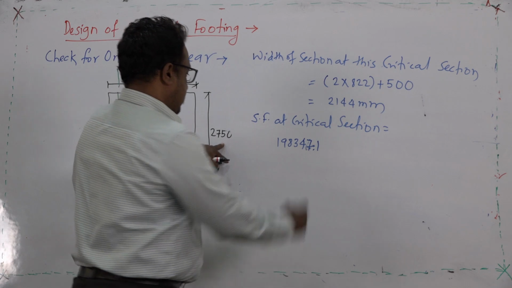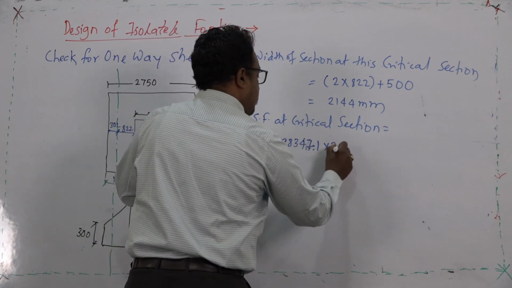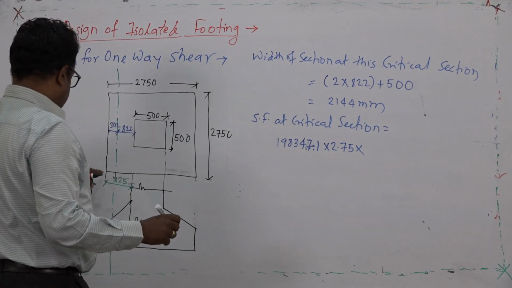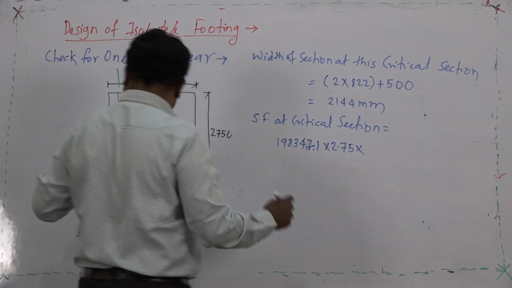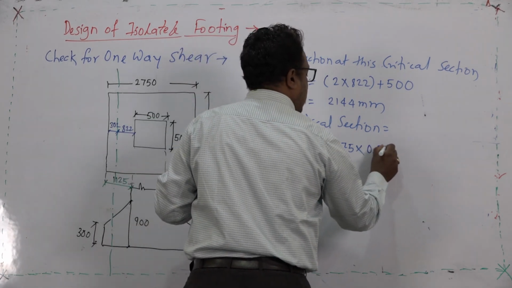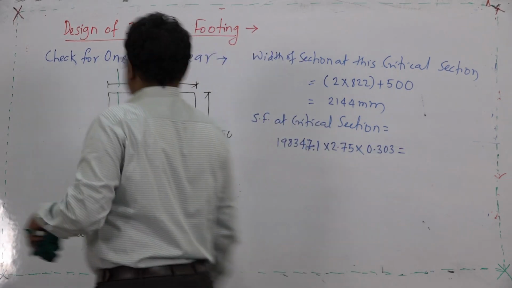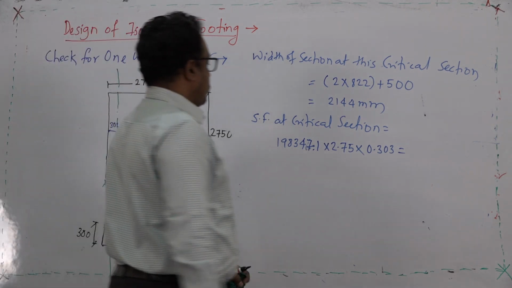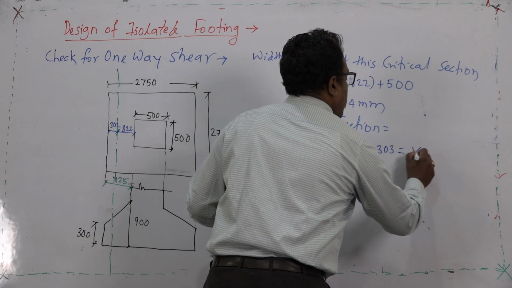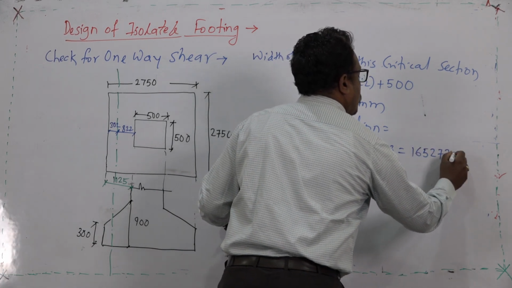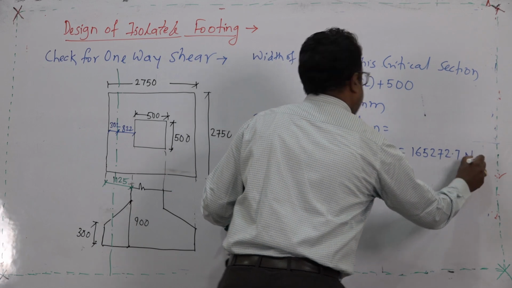To compensate for 1 meter it should be multiplied by 2.75, and again we will consider the moment about this section, therefore this will be multiplied by 0.303. So, this will be the shear force at the critical section, 165.272 Newton.